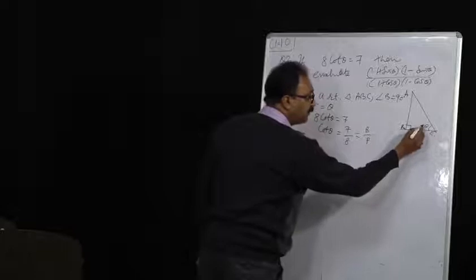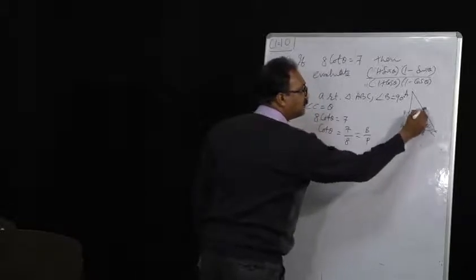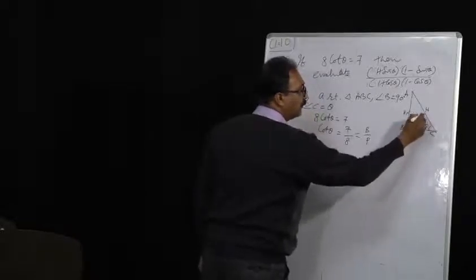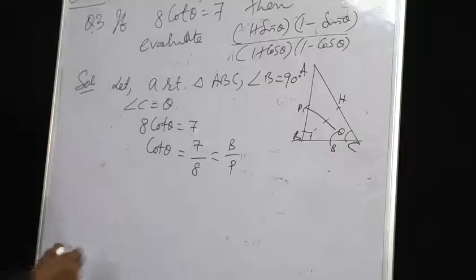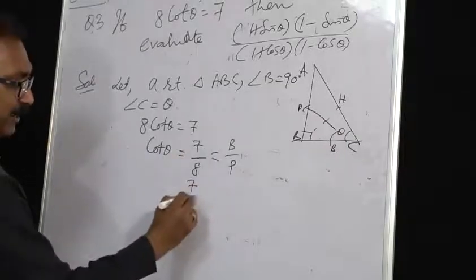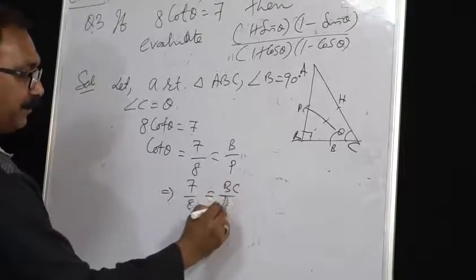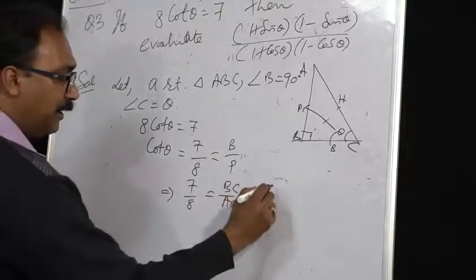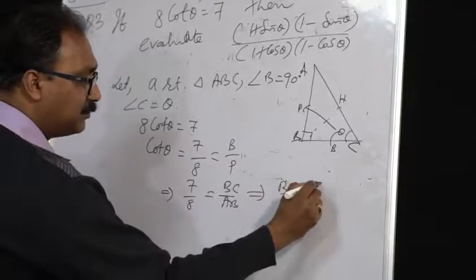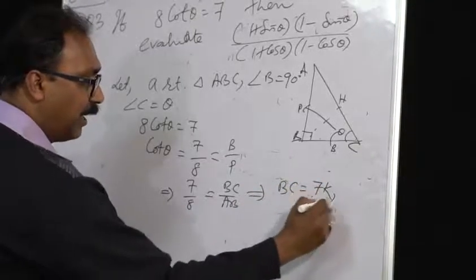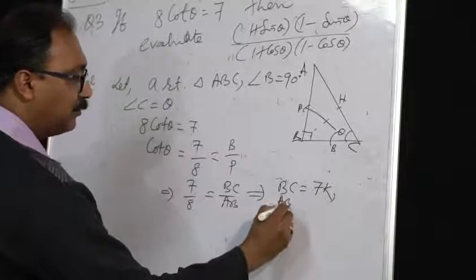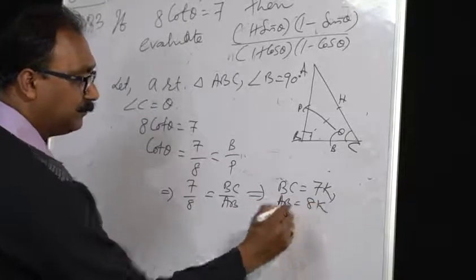This is B, this is P, and this is the hypotenuse, opposite of the 90 degree angle. Clear? So now 7 by 8 can be referred to as BC by AB. So we can directly consider BC equal to 7K and AB equal to 8K.